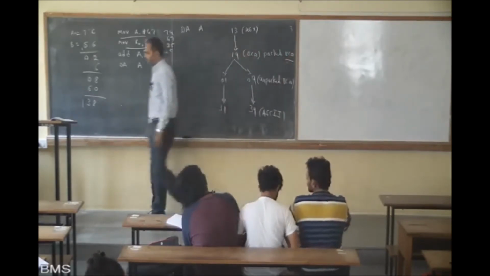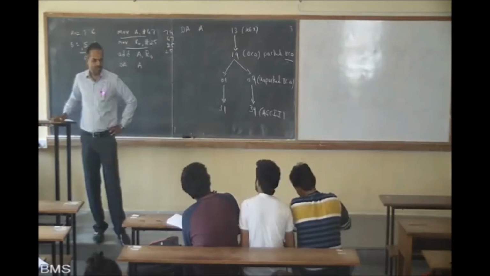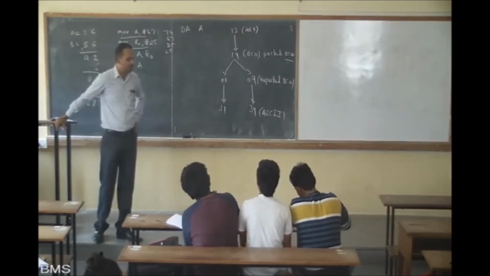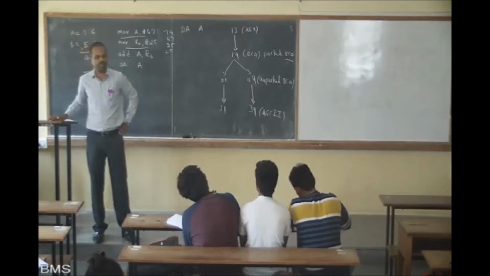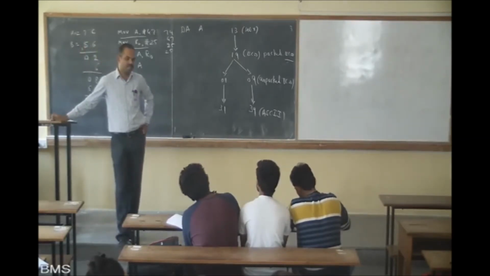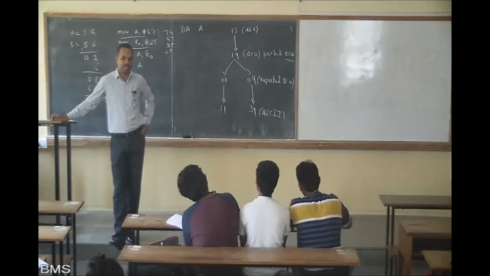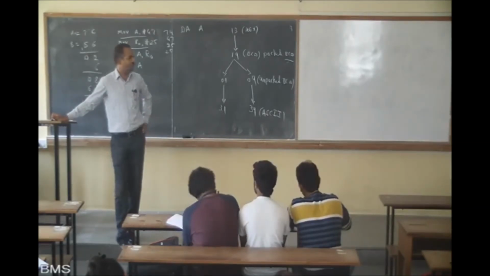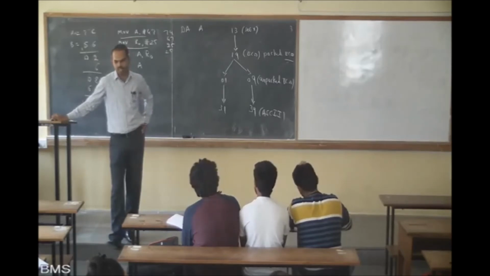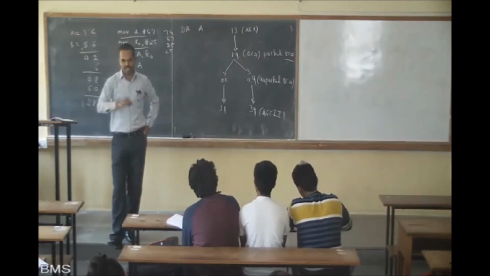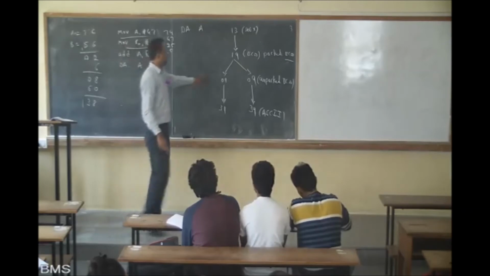Now this is important for the program that we'll write next. For a packed decimal number, we have to do unpacking and then convert it to ASCII. This is what happens in your keyboard. When you press the number 19, it goes as 1 and 9.